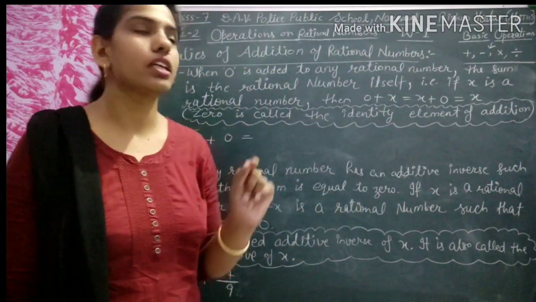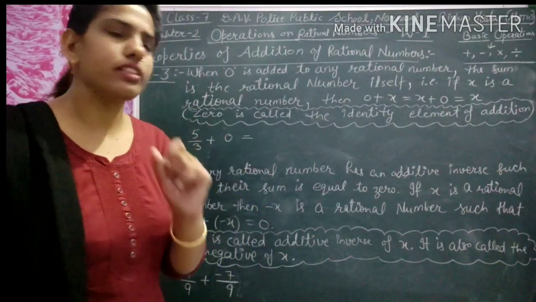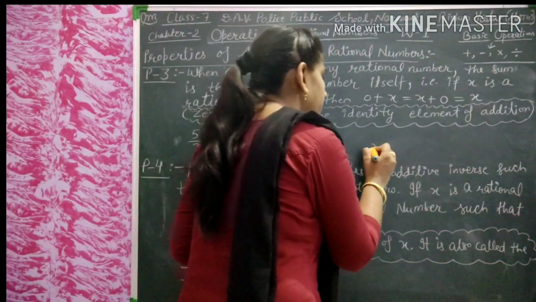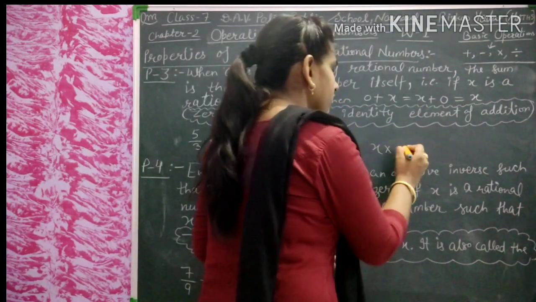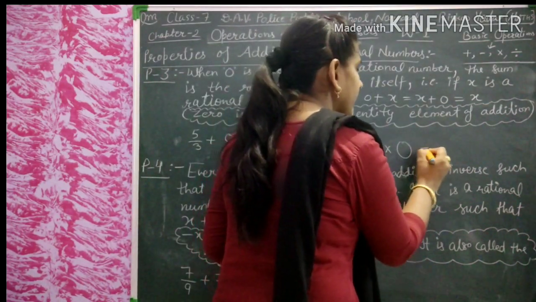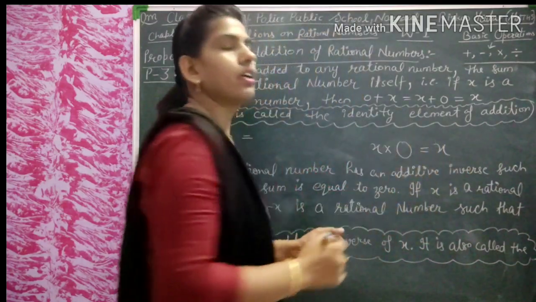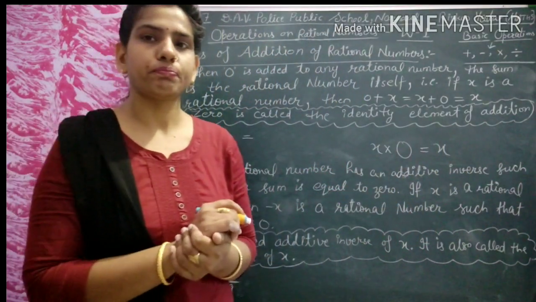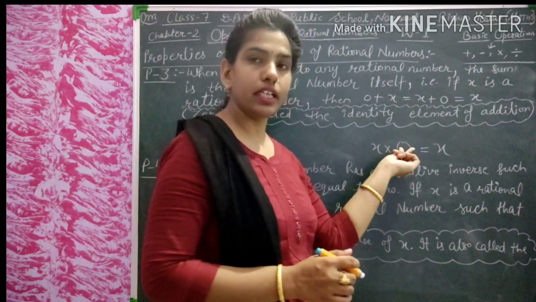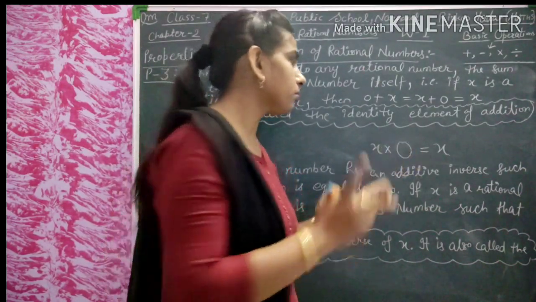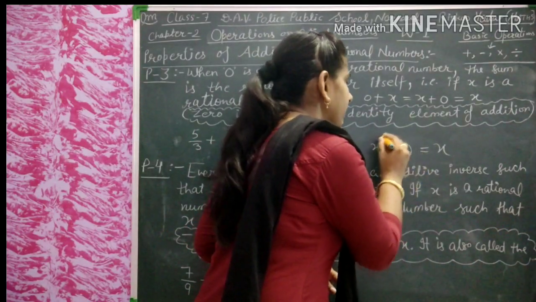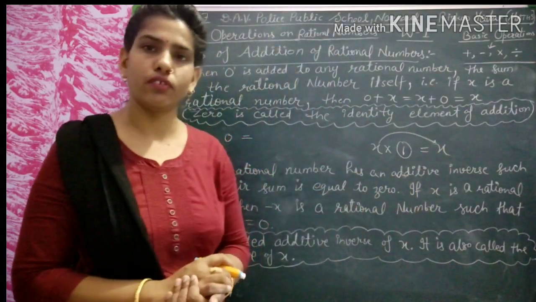Now compare with the multiplication property. In multiplication, what do we get that becomes the number itself? That is the identity element, and there the number is 1, which gives the number itself.